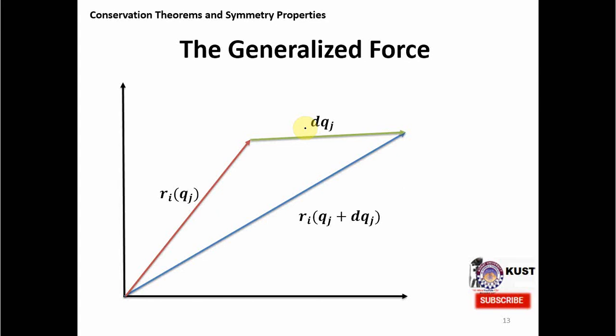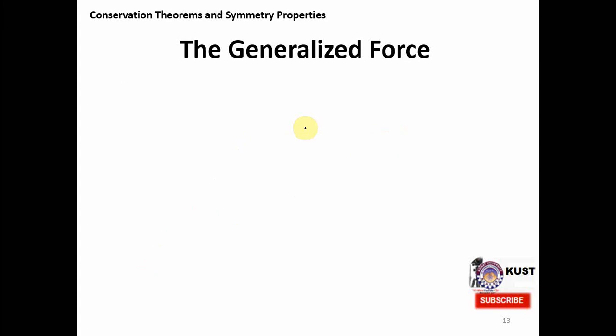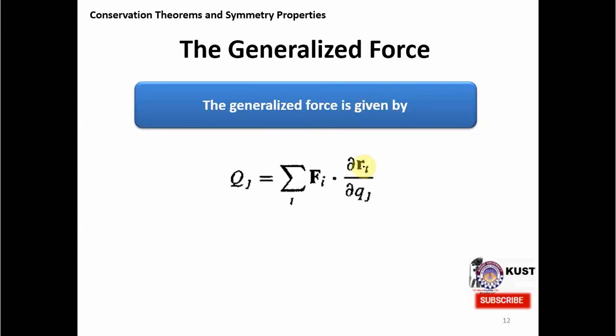This I have shown you just to tell you that this del r by del q is this generalized force. Actually, there are two statements in this generalized force. One is that this generalized force is a component along the direction of this F, and also the corresponding generalized momentum, or linear momentum or angular momentum, are conserved.